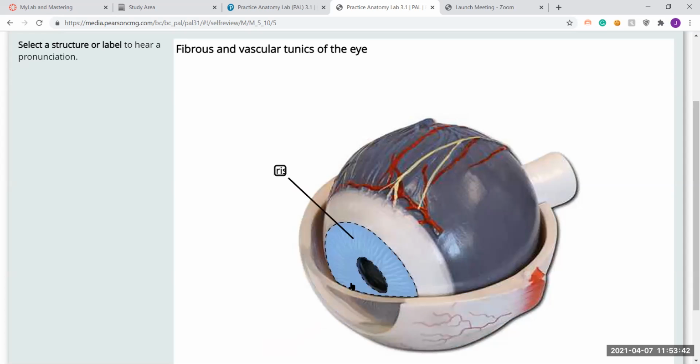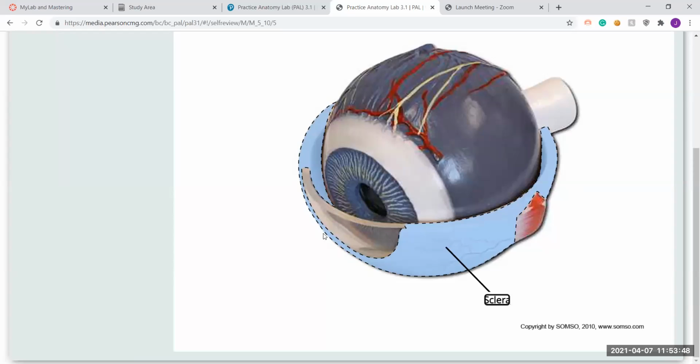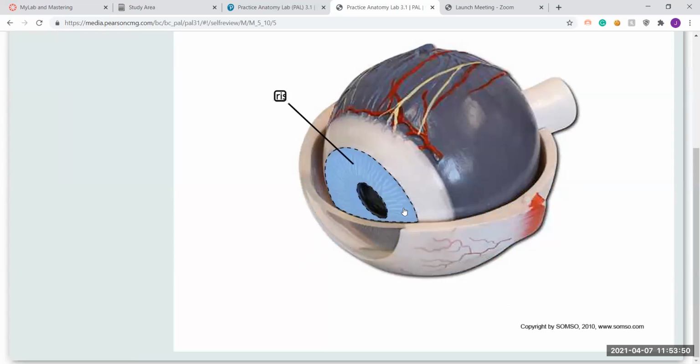Behind the cornea, you have this hole that is the pupil, and the iris, and this cavity here. The cavity from the lens up to the cornea is called the anterior segment, and this area is filled with aqueous humor.